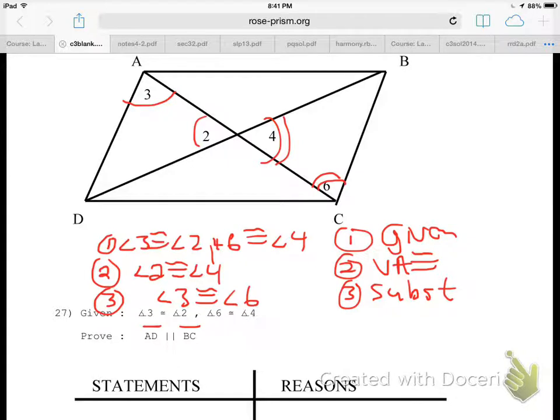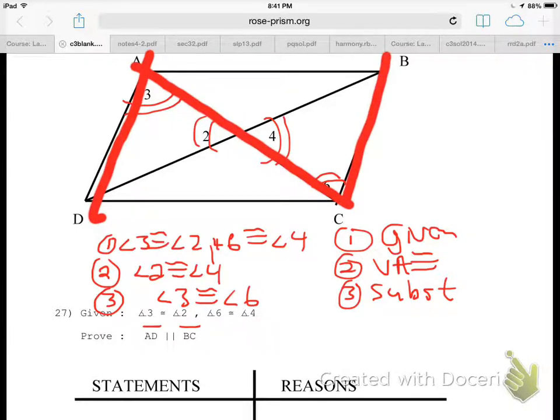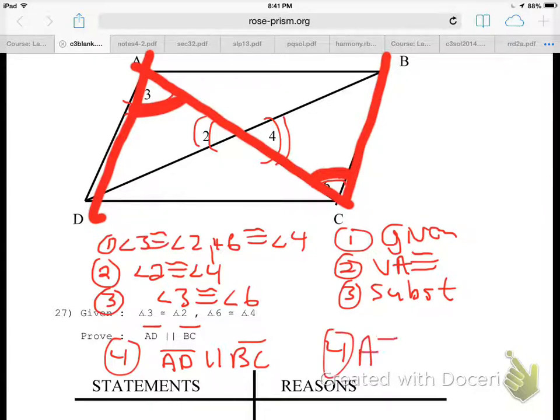Now that we've got angles 3 and 6 congruent, using this transversal AD and BC, angle 3 and angle 6 are alternate interiors, and that makes our lines parallel. So our last step will be to say that AD is parallel to BC, and our reason is AIA congruent if and only if you have parallel lines.